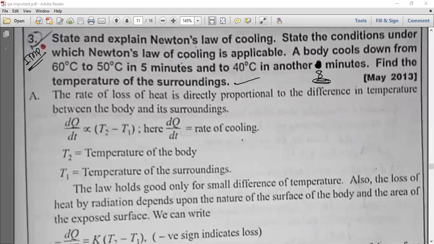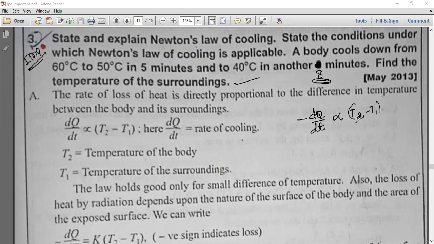First, state and explain Newton's law of cooling and state the conditions under which it is applicable. The rate of loss of heat is proportional to the difference in temperature between the body and its surrounding. Simply remember one thing: minus dQ by dt is directly proportional to T2 minus T1.